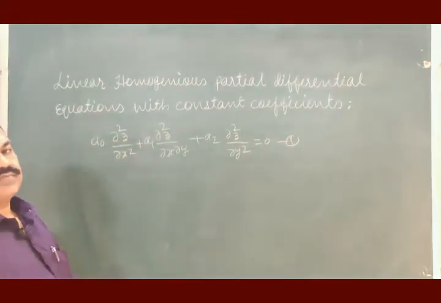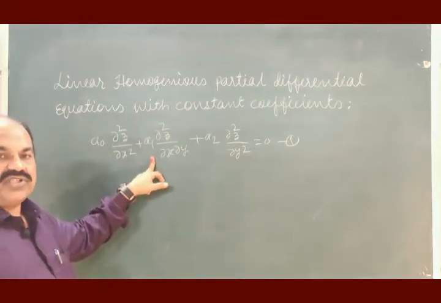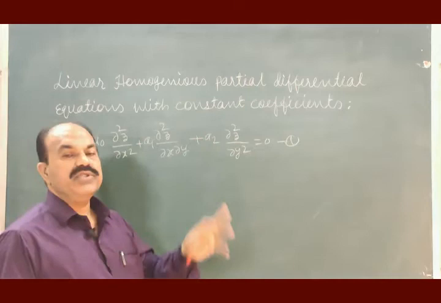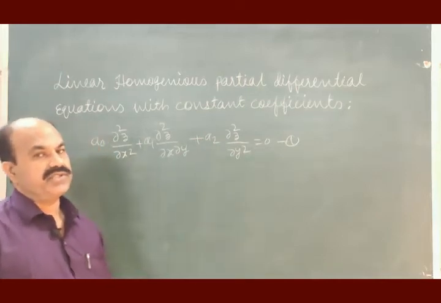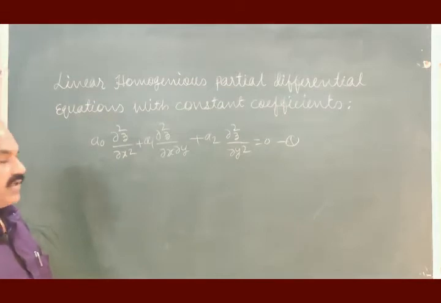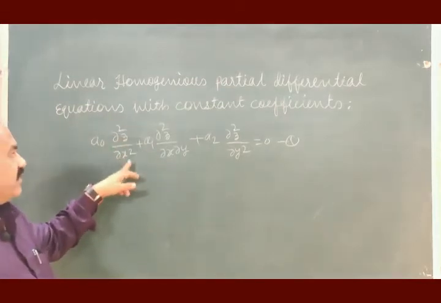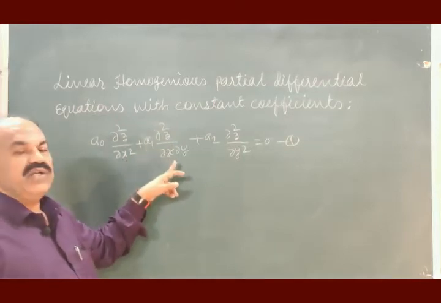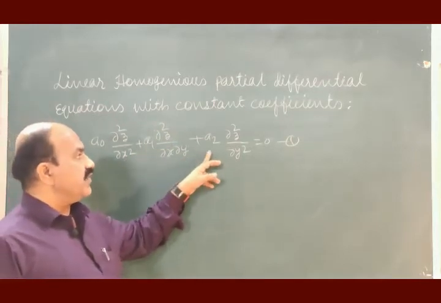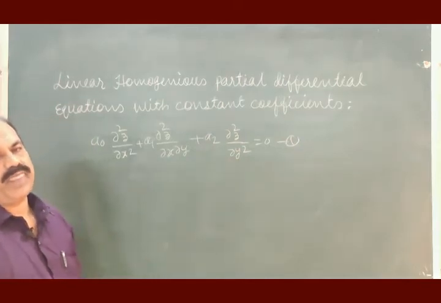A0 coefficient it is constant, A1 coefficient it is constant, A2 is a coefficient it is constant, and the equation is A0 ∂²z/∂x² + A1 ∂²z/∂x∂y + A2 ∂²z/∂y² = 0.